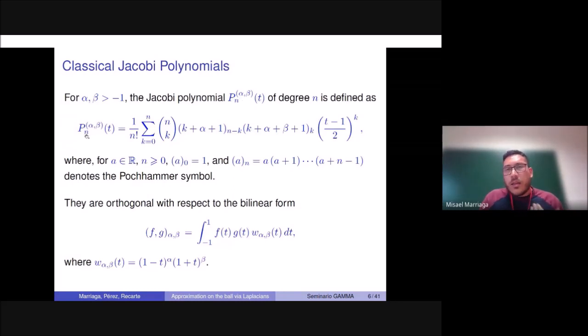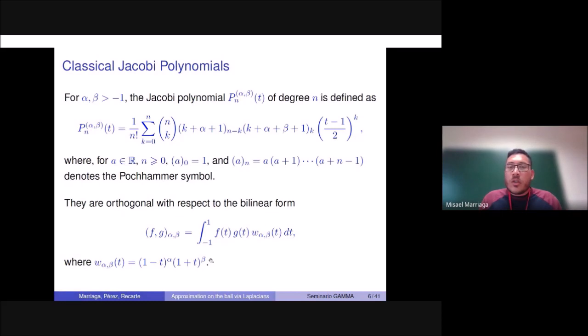The nth orthogonal polynomial in this family is expressed in this form. And they are orthogonal with respect to this bilinear form, which consists of an integral from -1 to 1 with respect to a weight function, which is defined down here. And as you can see, it also depends on the two parameters.